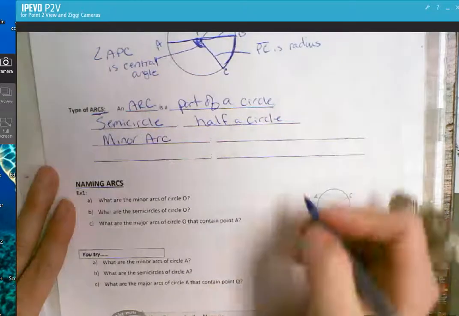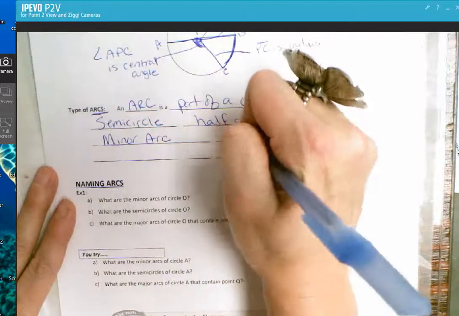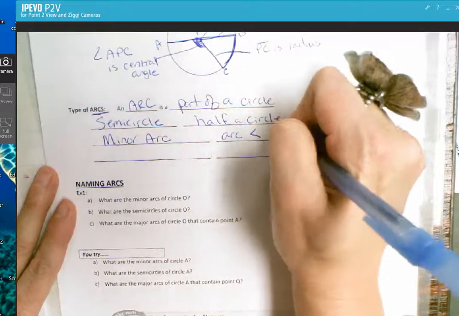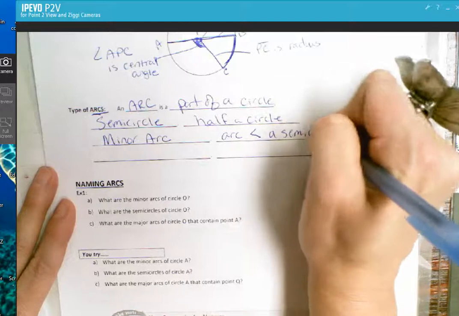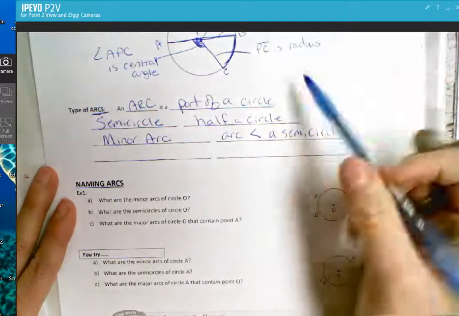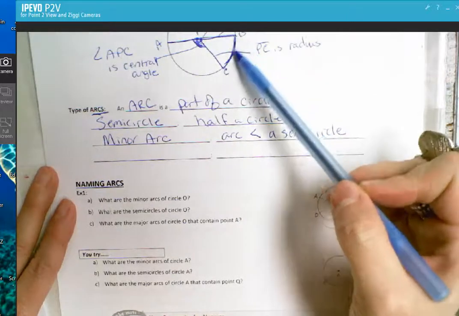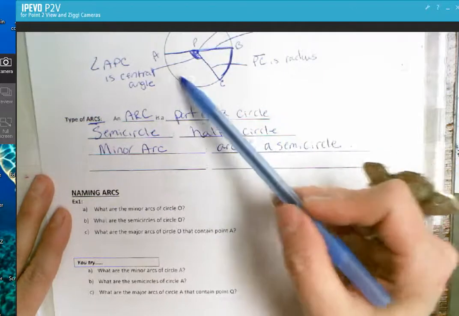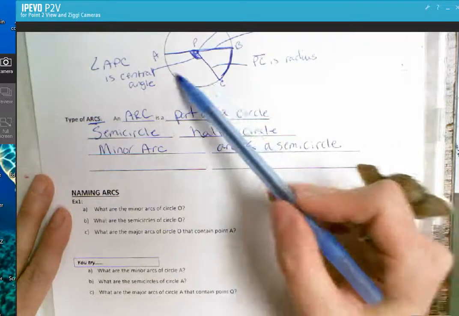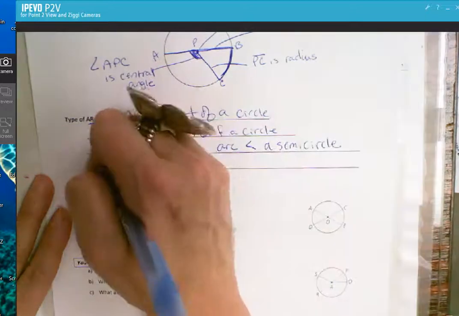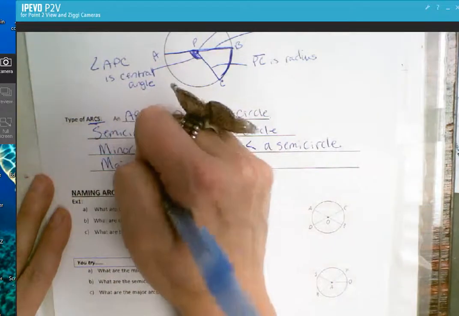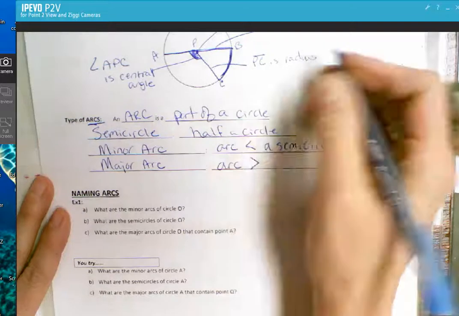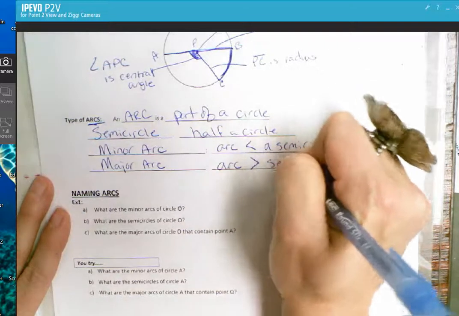And a minor arc is an arc less than a semicircle. So, for example, arc CB would be a minor arc because it's less than halfway. Arc AC would be another minor arc. And then we have what's called a major arc. And that's just an arc length that is greater than a semicircle.